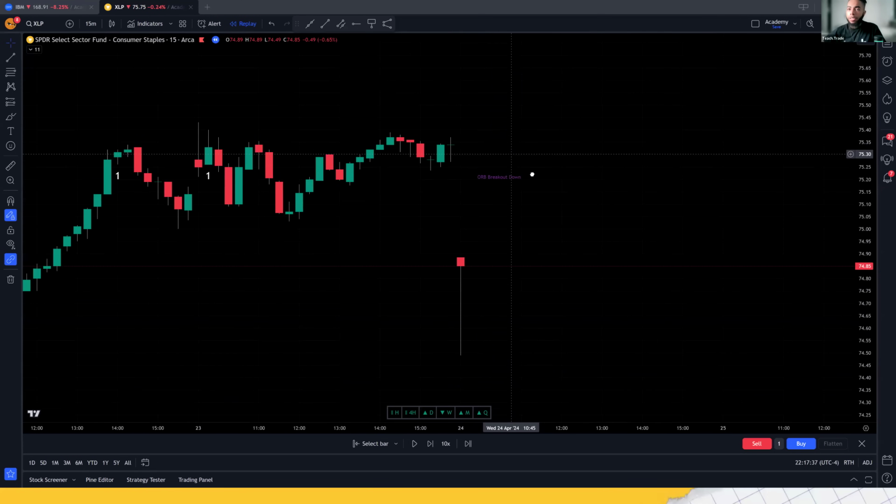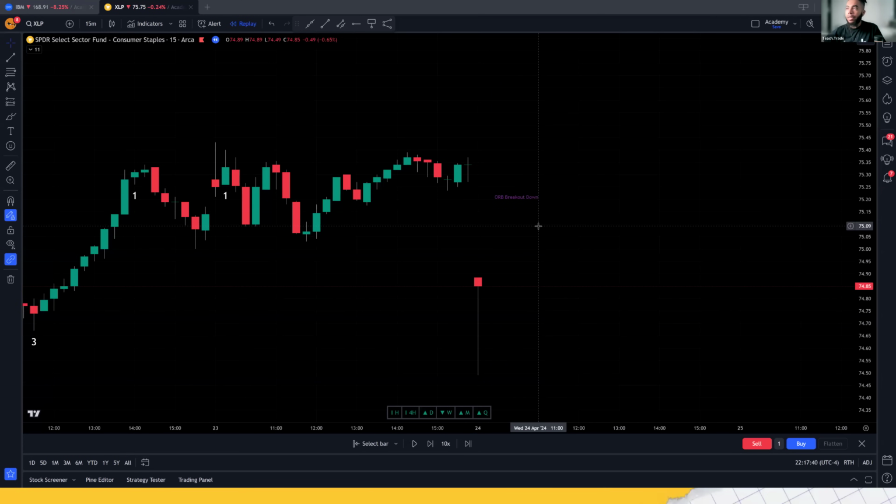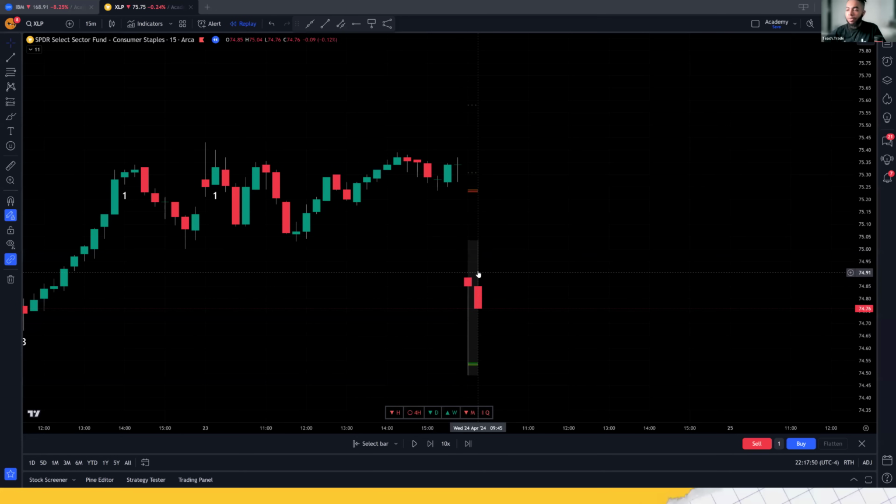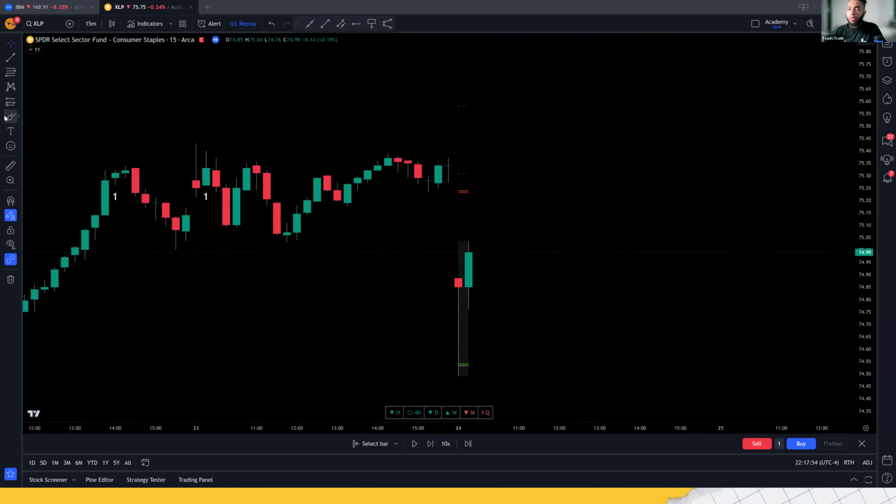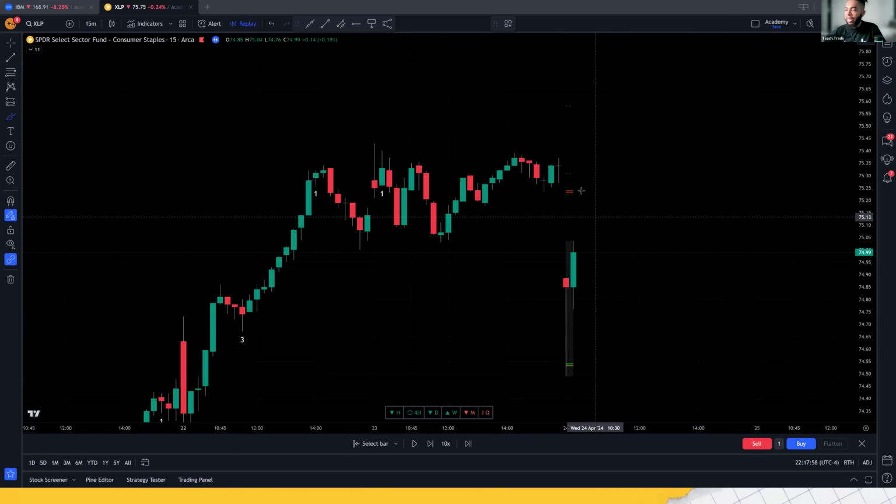So on the screen, this right here is the Tuesday session. And the newest candle that is forming right here is Wednesday's session. We can see that this black area, which is pretty huge, where there's nothing, is considered a gap, right?